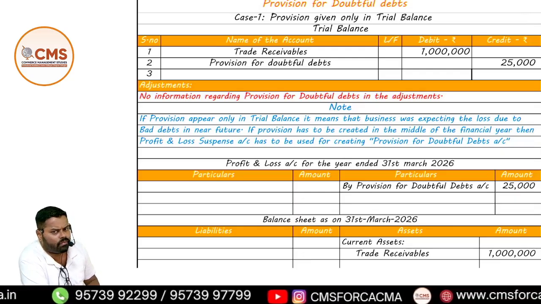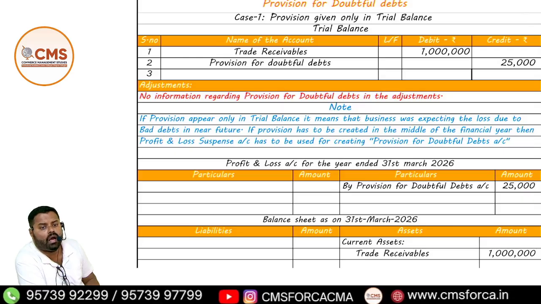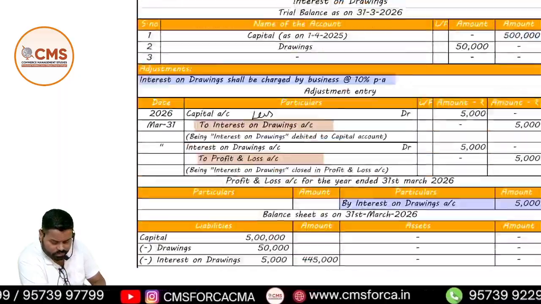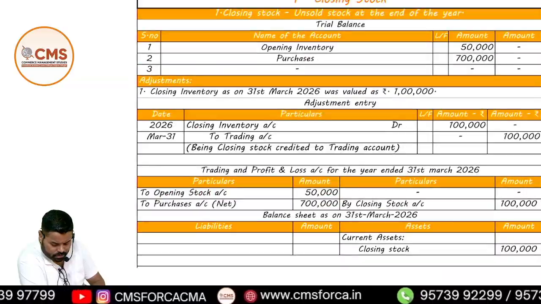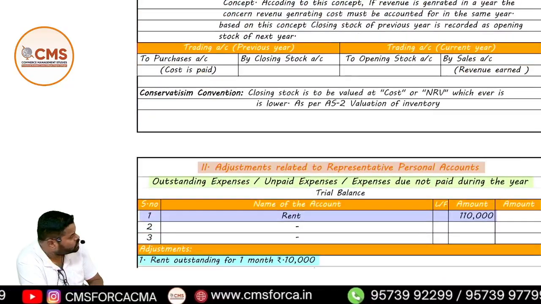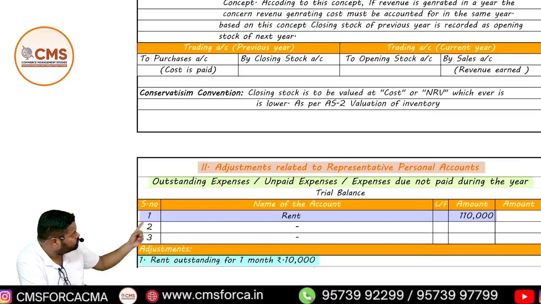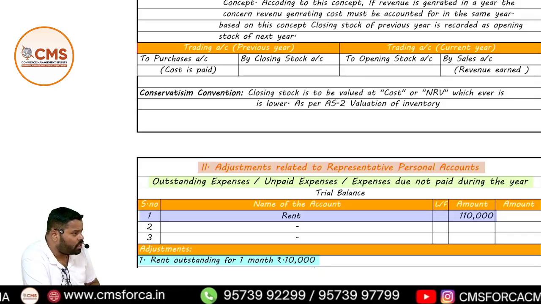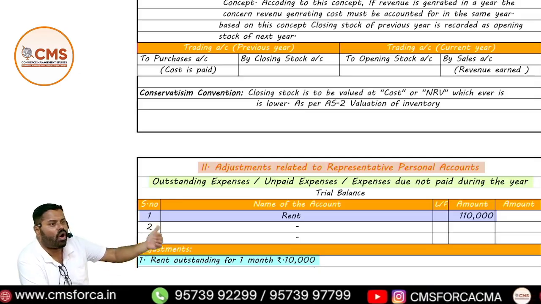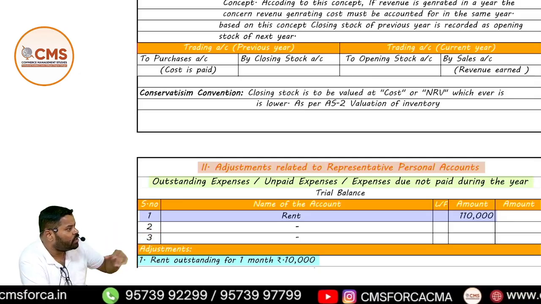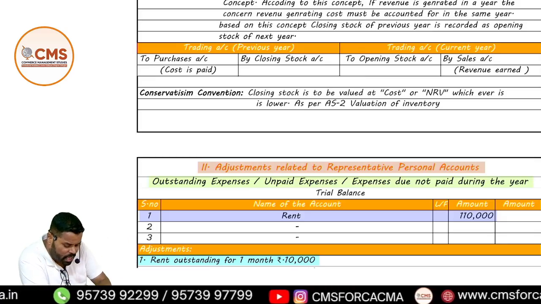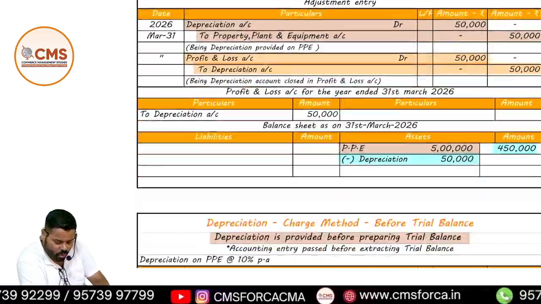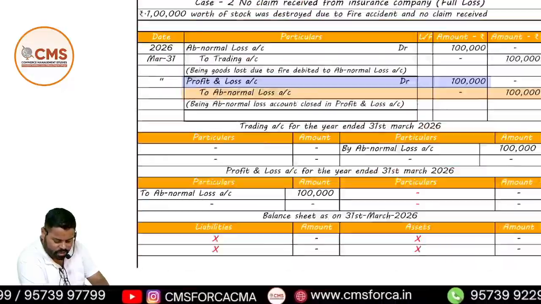Depreciation. Closing stock. Conservatism, valuation of stock. What does it say? Whichever one is lower out of cost or net realizable value or market value should be taken as the closing stock value. The same convention of conservatism drives the concept of your provision for doubtful debts.